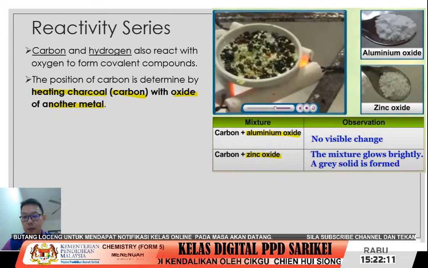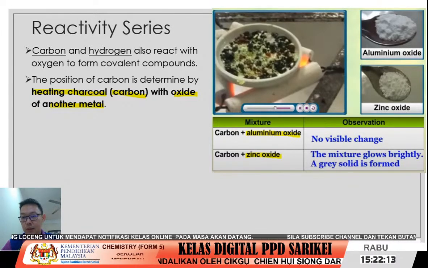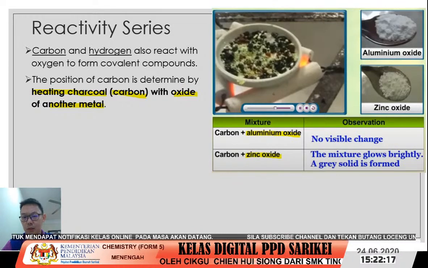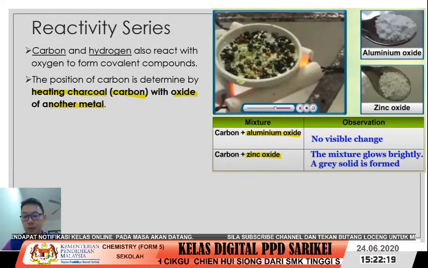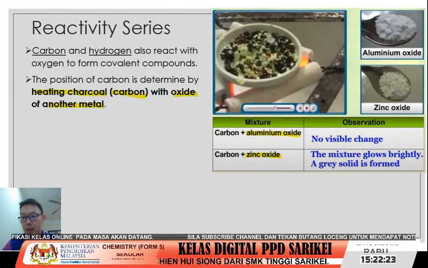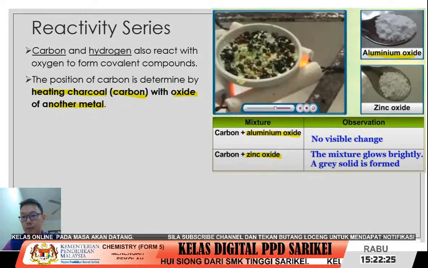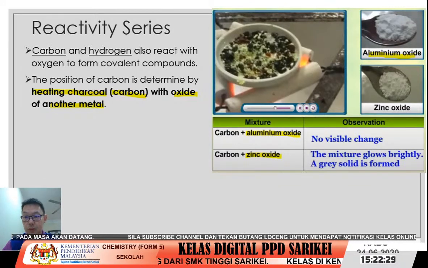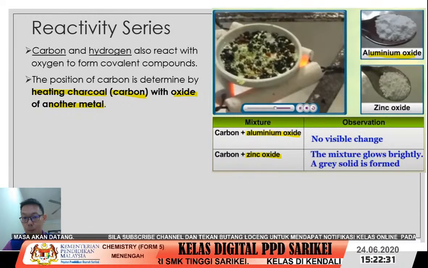The observation recorded no visible changes when carbon is heated with aluminum oxide. Before the experiment, aluminum oxide is a white powder. After the reaction, also white powder. So that means no reaction occurred.